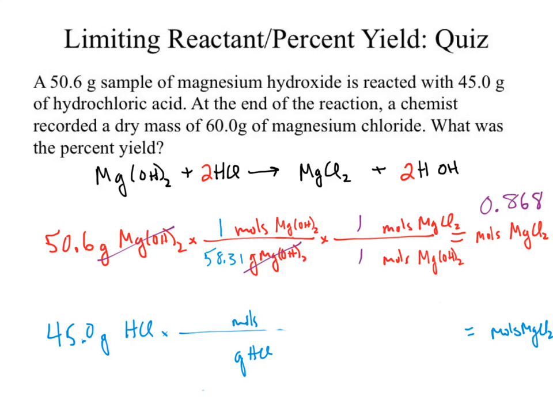Can I get the grams converted into anything else? I can convert it into the moles of HCl. Where's that relationship found? Go to my periodic table. Hydrogen is 1. Chlorine is 35.45. And if I do this math right, we have 36. 45 grams of HCl is 1 mole of HCl.